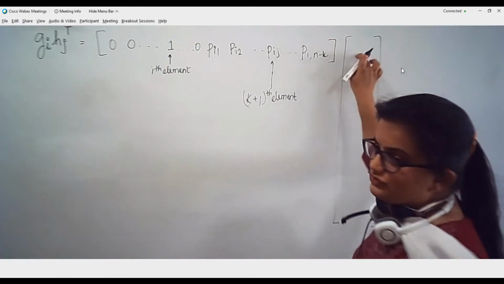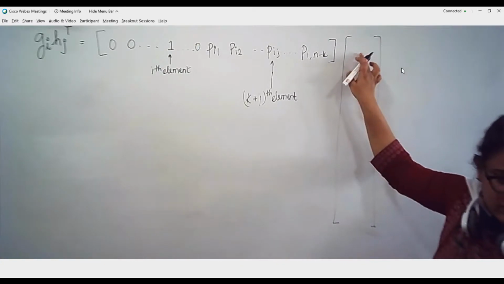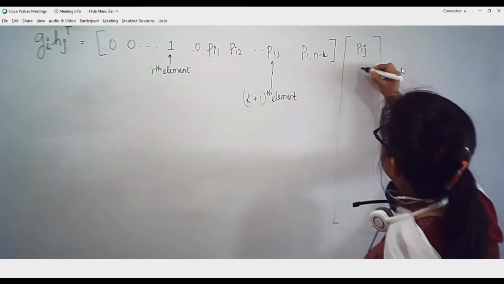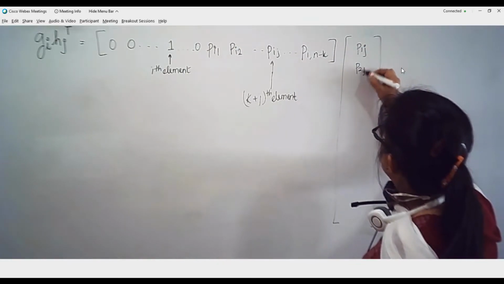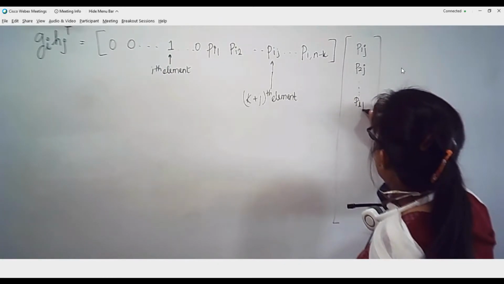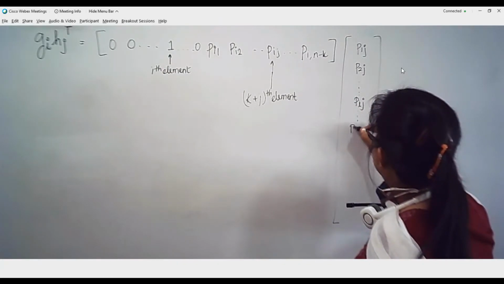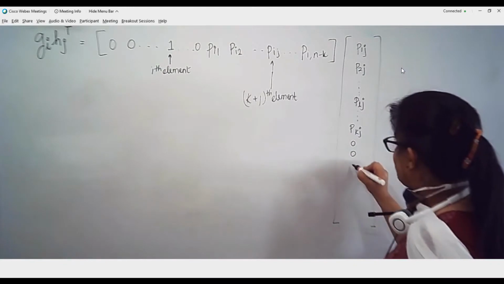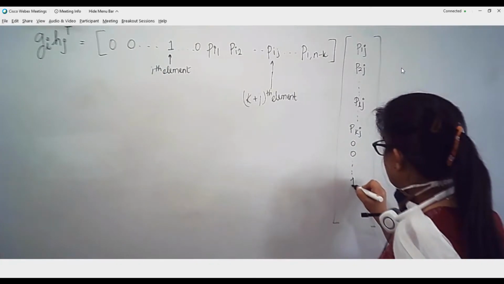It is part of the parity bits. Please help me in filling this. This is P1j, P2j, followed by, in between, P ij. The last one is P kj, then followed by 0, 0, the parts of the identity matrix.